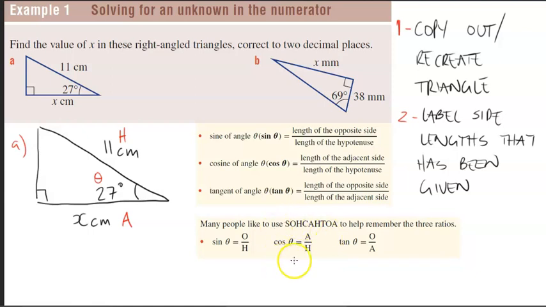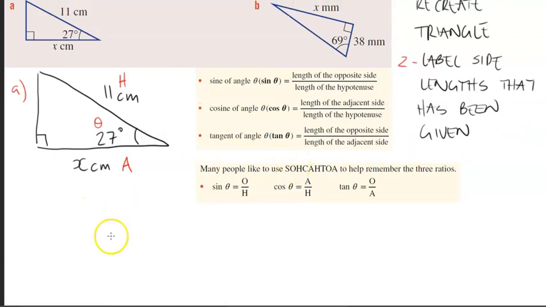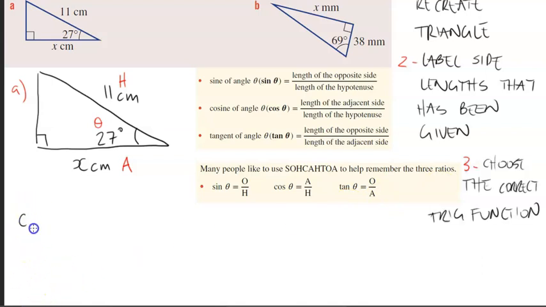The cosine of this angle 27 is adjacent over hypotenuse. So we're using the cos of the angle is equal to adjacent over hypotenuse, A over H.